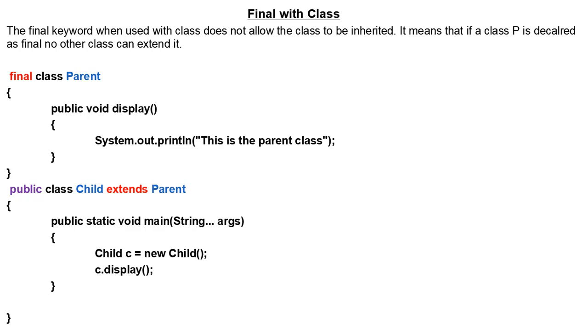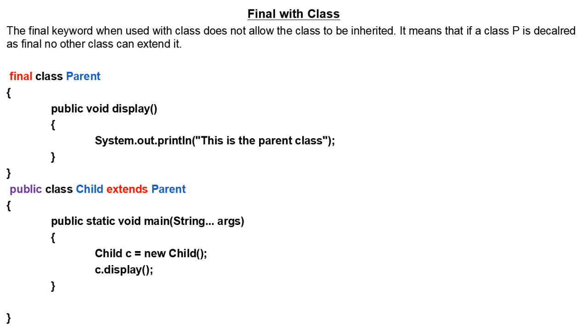By the concept of inheritance, if any class extends any other class, all the data members and member functions of the extended class are available to the class which is extending it. By the same concept, while extending the parent class through the child class, I am trying to access the display method which has been defined in the parent class. So let's see if it works or not.